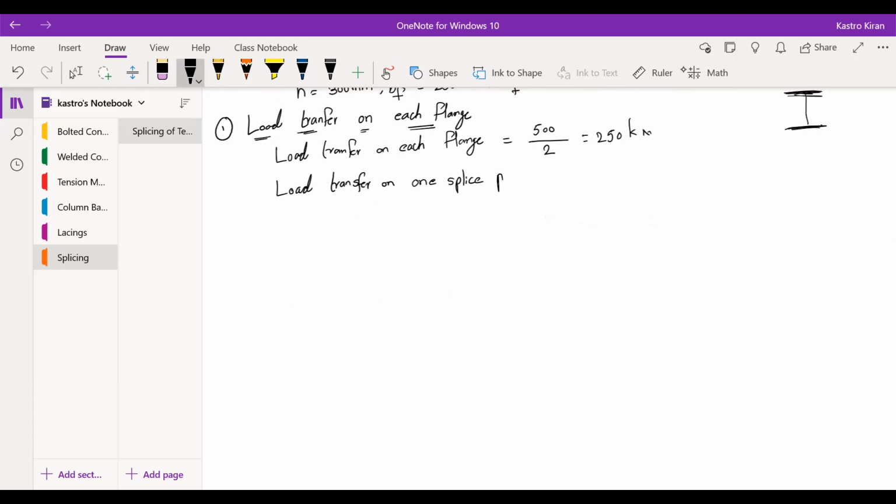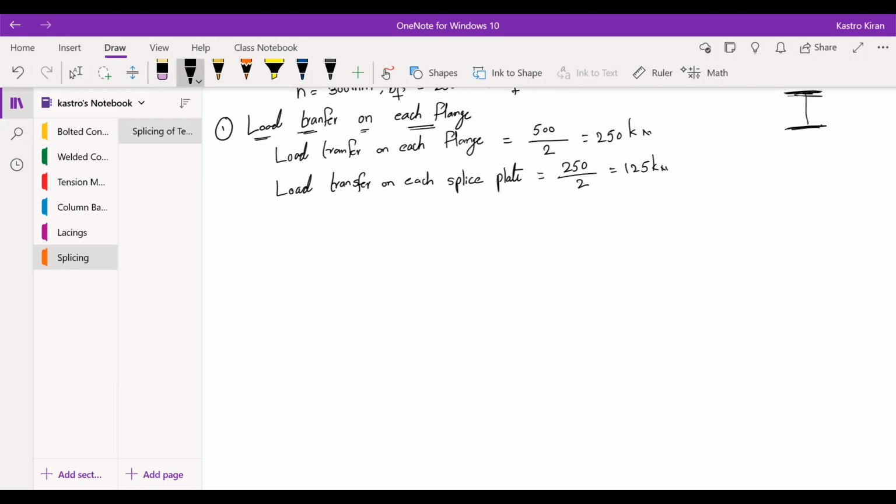So you have two splice plates. In the 250 kilonewtons, the load will get distributed to each splice plate, which will be 125 kilonewtons. This is the amount of load getting transferred on each splice plate.